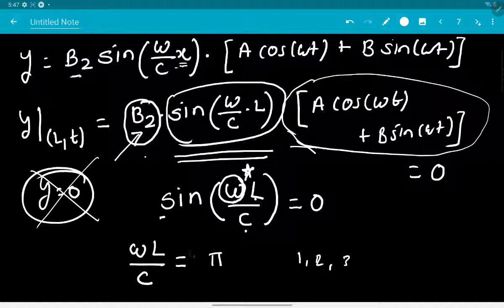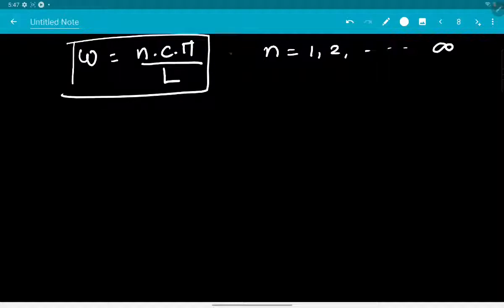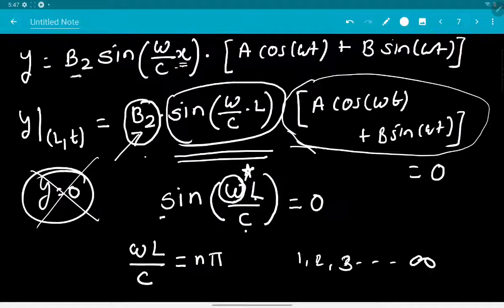So I'll call it n pi, where n ranges from 1, 2, 3 to infinity. So omega can ideally take infinite values. Omega is equal to n times c times pi divided by L, where n can range from 1 to infinity. These are integers, and n can take any integer value, and still that condition will be satisfied.